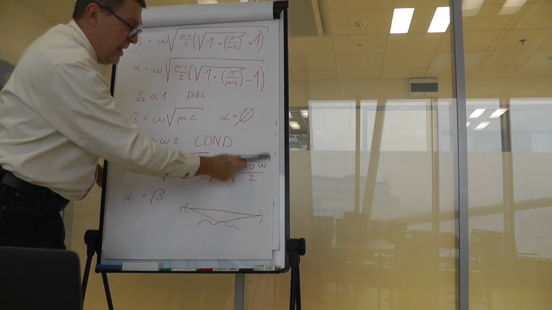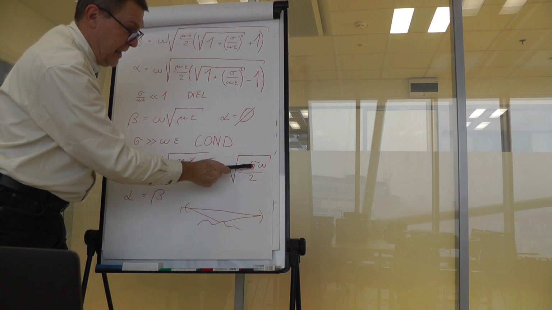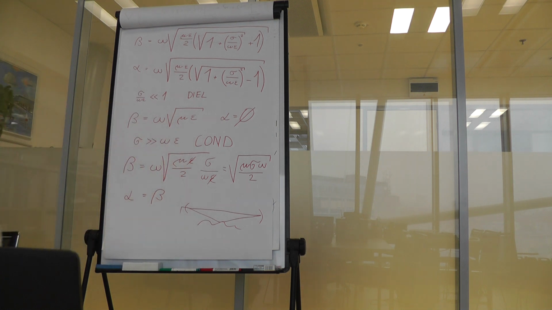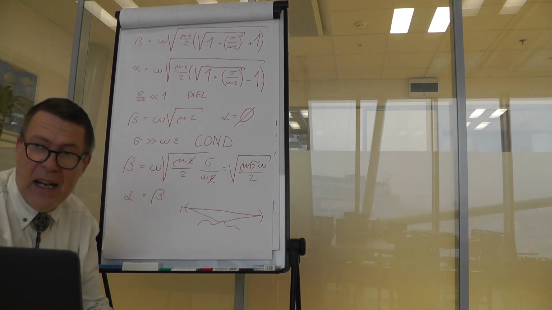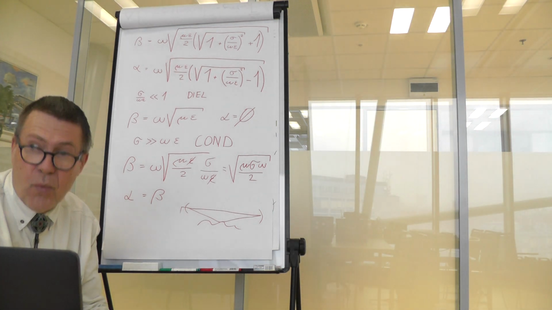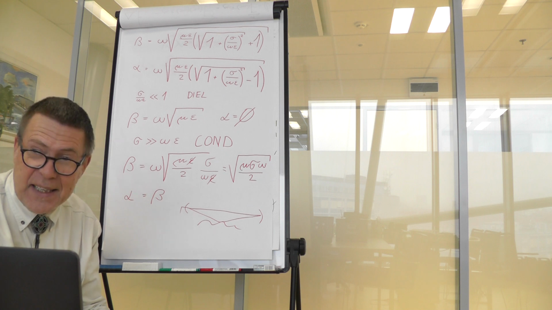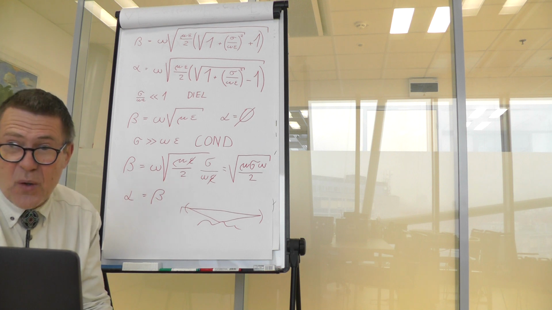It is here. So it depends on permeability, conductivity, and omega. But the whole thing is under a square root, which means that if you raise the frequency twice, this damping is only raised by a square root of 2 times.